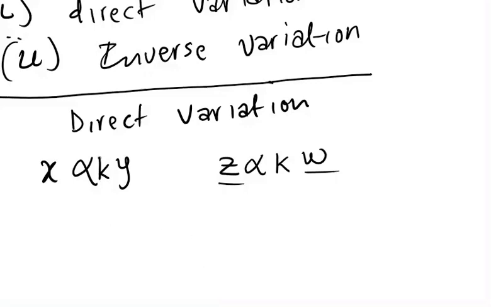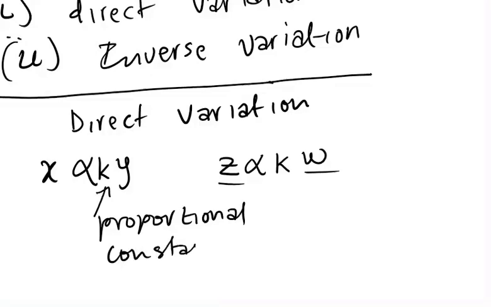So this is called a proportional constant, or constant of proportionality, same. You need to incorporate k wherever you are dealing with variations.